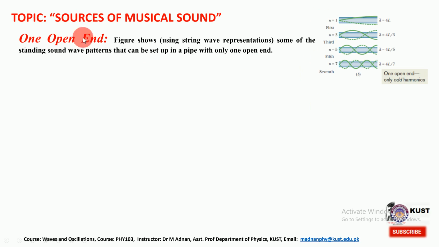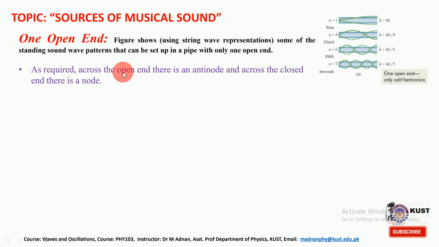So now we have a figure as shown, some standing wave pattern that can be set up in a pipe with only one open end. This one is open, so we know that the open end is an antinode point. We know that the distance between a node and antinode is lambda by 4. In that way we can work out the wavelength for this fundamental frequency.